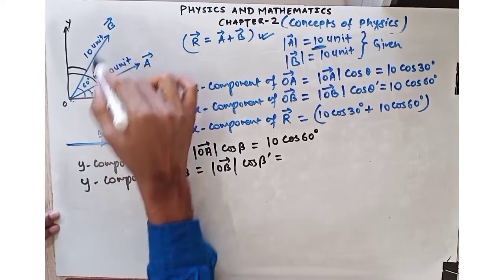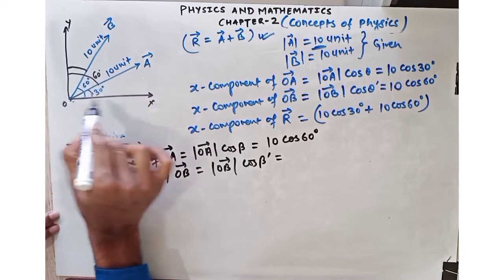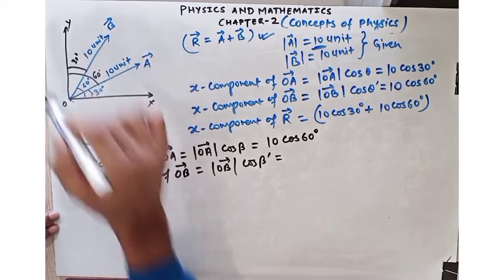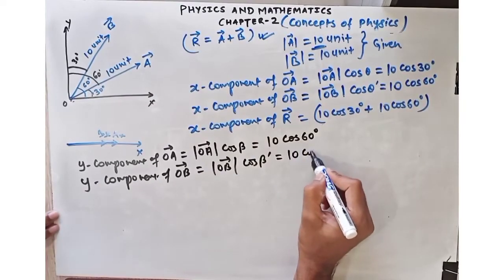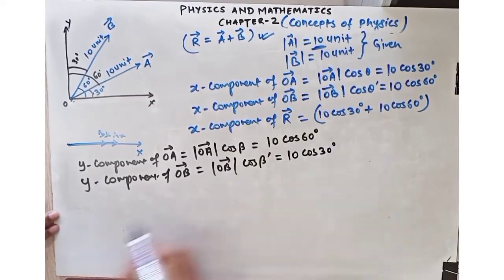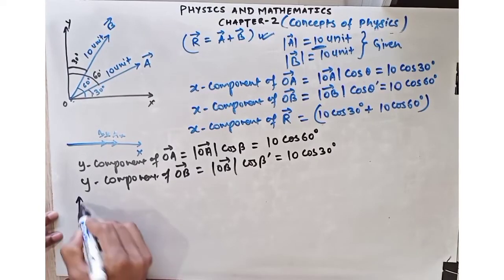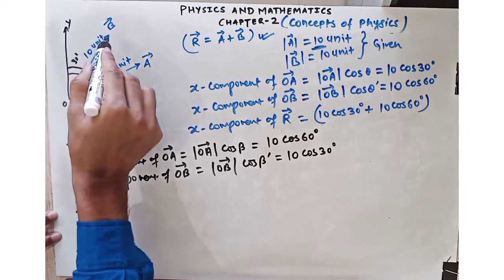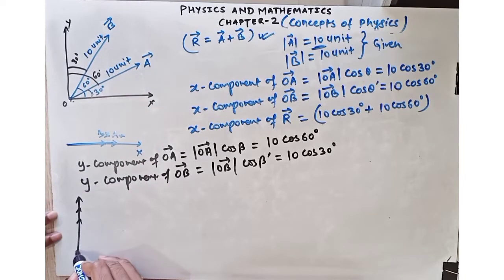Because this vector b is making an angle of 60 degrees with the x-axis, the remaining angle is 30 degrees with the y-axis. So it will be cos 30 degrees. Now this is my y-axis, and I have found the y component of vector b. Similarly, I have found the y component of vector a.